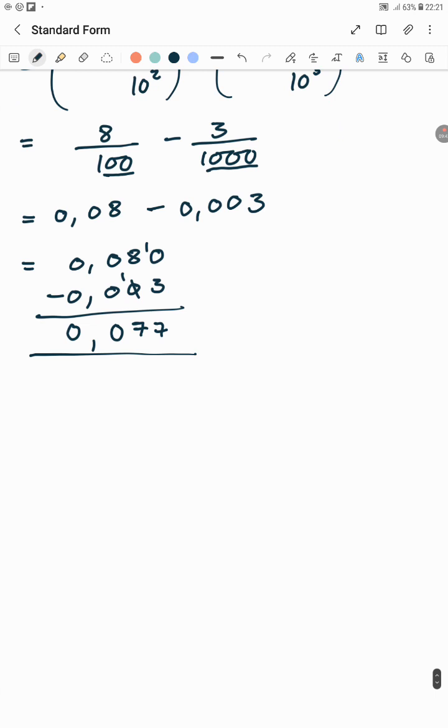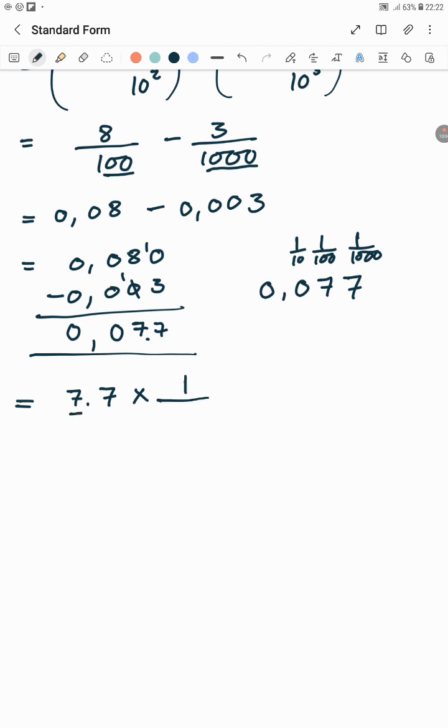And when you consider the place values, this is 10th, this is 100th, and this is 1000th. So it means if you put a comma there between 7 and 7, you're going to have 7 comma 7 times the place value of this 7, which is 1000th.